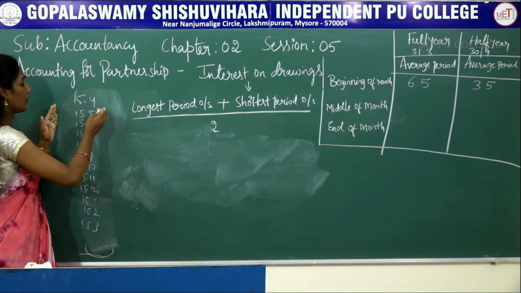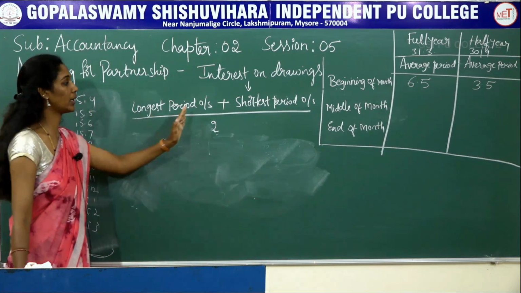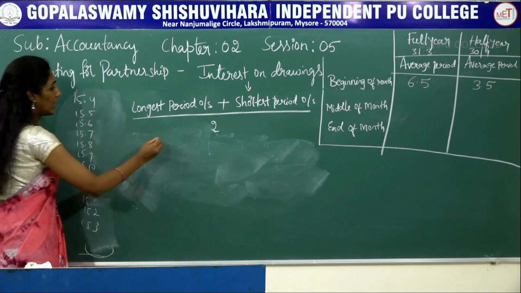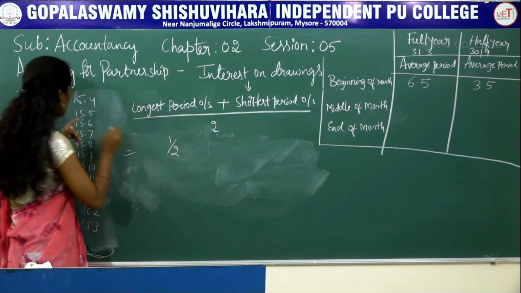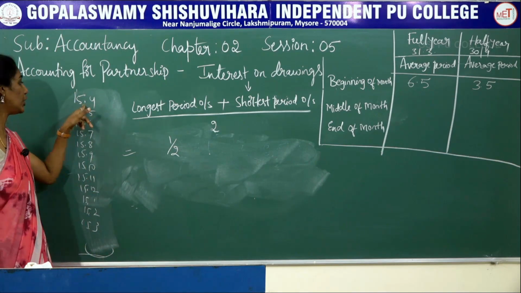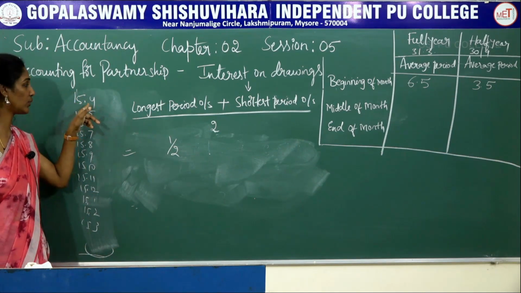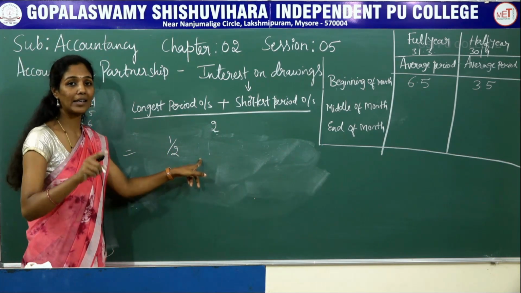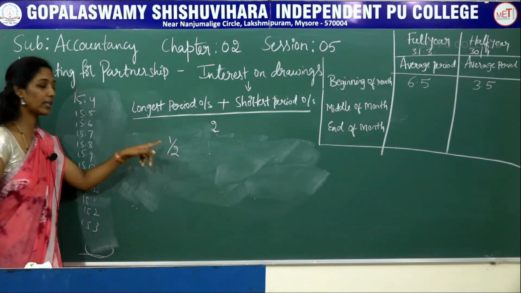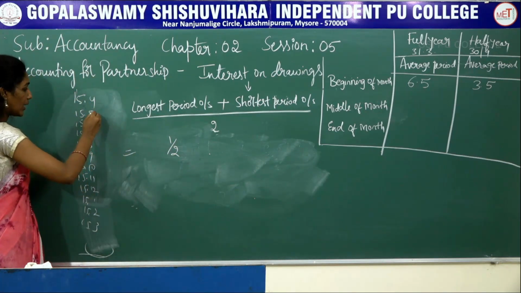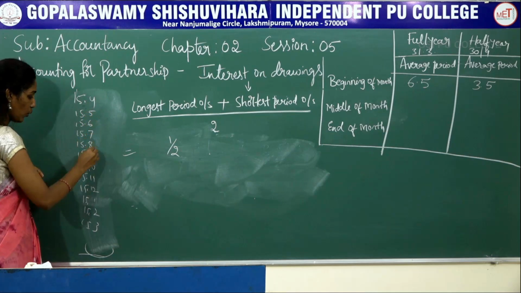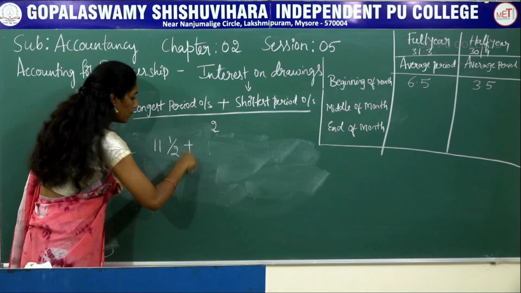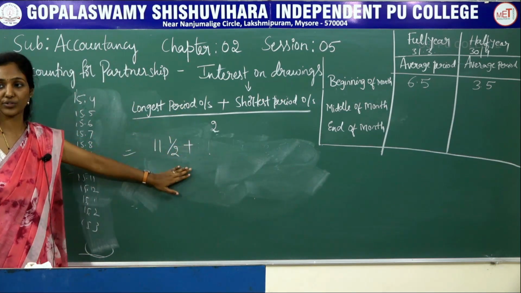Here we are going to calculate the longest period outstanding for the full year. In the first month he has withdrawn in the middle of the month, on 15th, so half month is remaining for calculating interest. First you should write the half month, then start counting from the next month: 1, 2, 3, 4, 5, 6, 7, 8, 9, 10, 11. So 11 and a half months is the longest period outstanding.